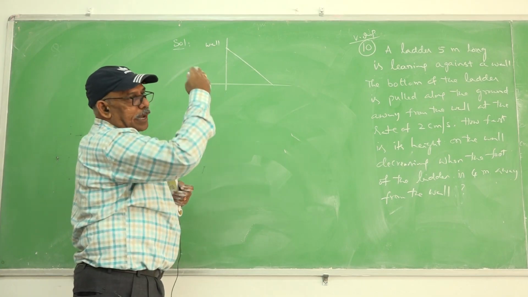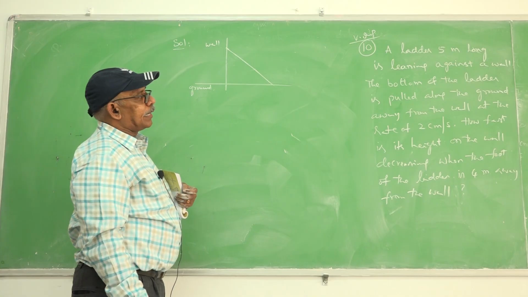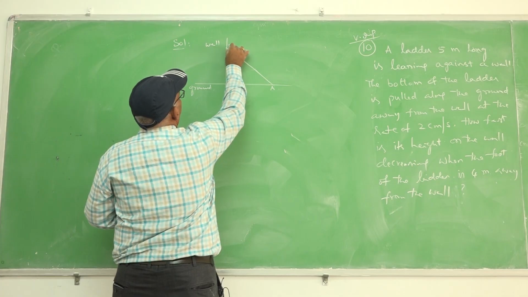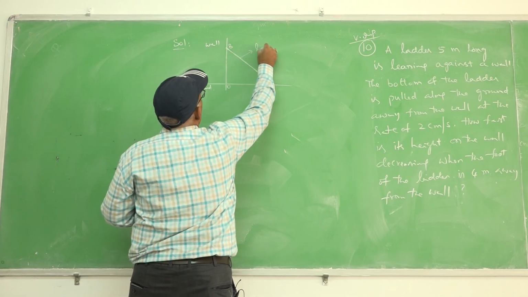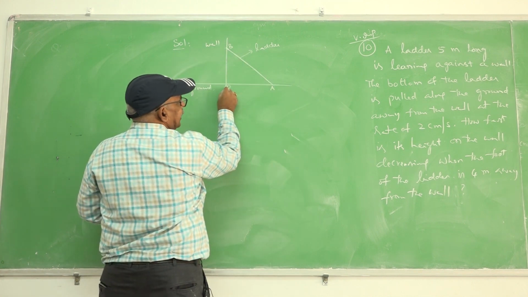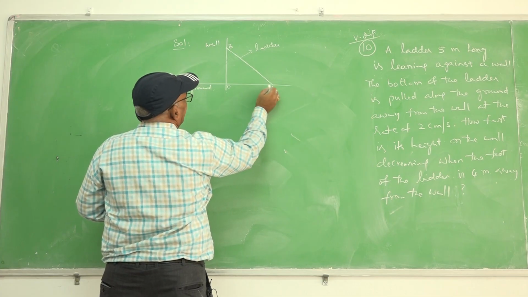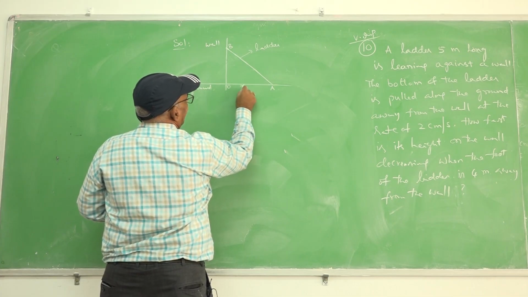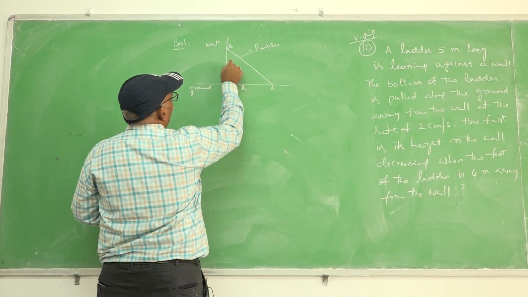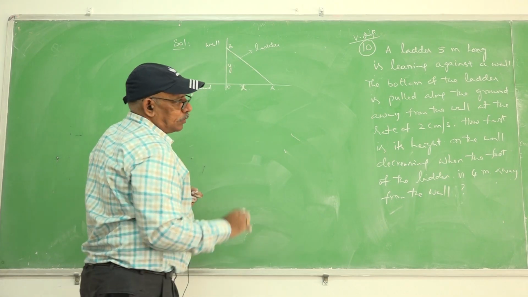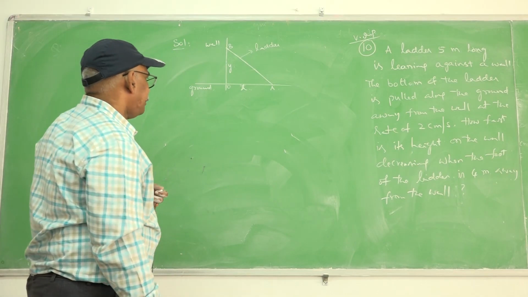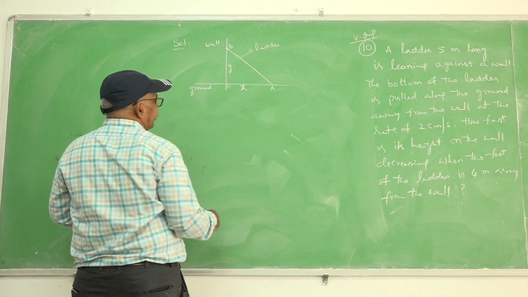A ladder is leaning against the wall. Let AB be the ladder. It is leaning towards the wall. Let us consider the bottom of the ladder is at a distance of x units from the wall, whereas y is the height on the wall that the ladder covers.